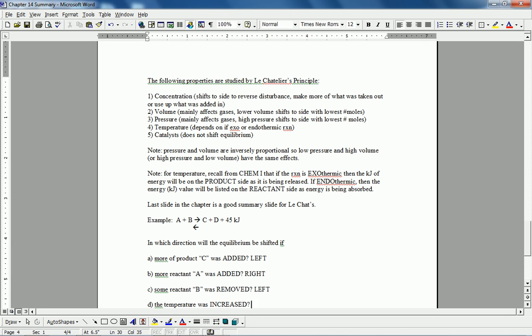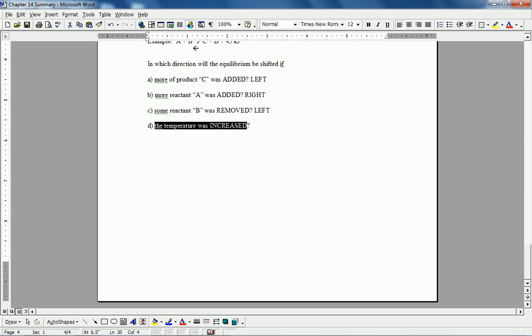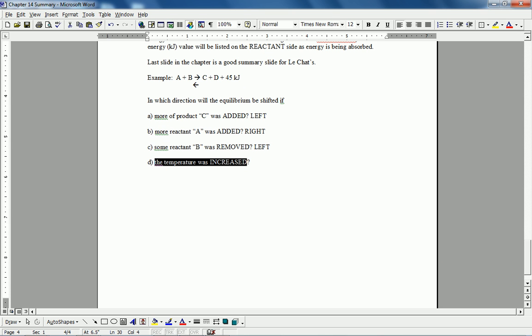And last but not least, how about temperature? This is, of course, an exothermic reaction. We know that because the kilojoules of energy is a product. So let's see what happens when we increase the temperature. What would happen here if the temperature was increased? Okay, well, that means we've just added more energy. The whole purpose of this exothermic reaction is to produce energy and get rid of it. That's why it has a negative delta H. We want to get rid of heat.